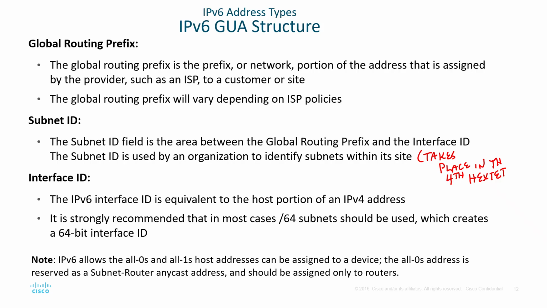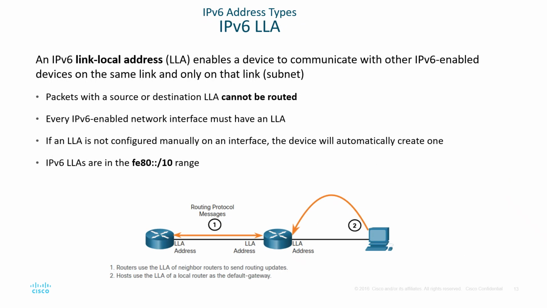The all zeros address is reserved as a subnet router anycast address and should be assigned only to routers. Even though it is allowed, it is typically not recommended that you do this. You want to keep it as simple as possible. When you have so many other addresses to choose from, why would you bother trying to make it more confusing than what it could be?